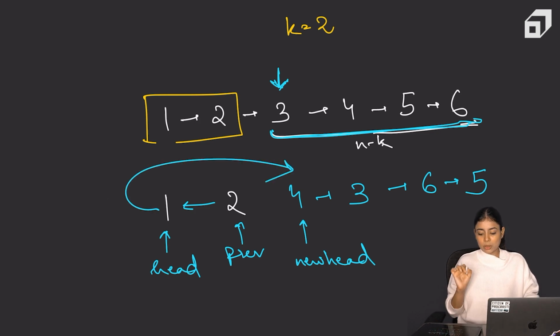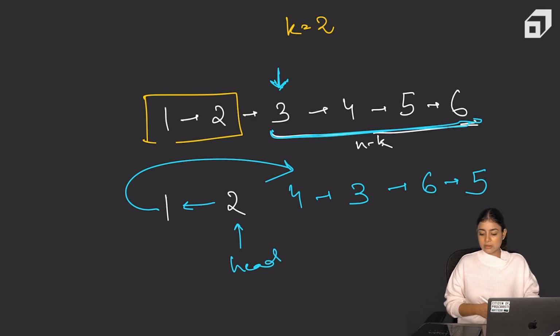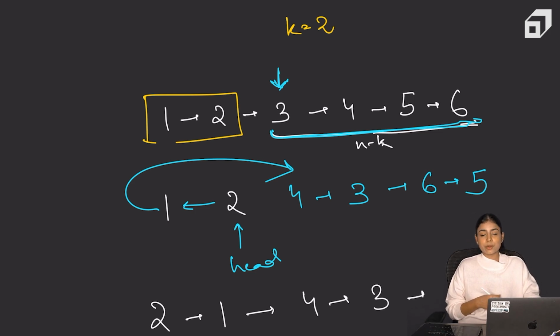So 1 is now pointing to 4, and we'll pass the previous pointer as the new head. Now if I redraw this, it is 2 pointing to 1, pointing to 4, 3, 6, 5, and this is the output that we were looking for.